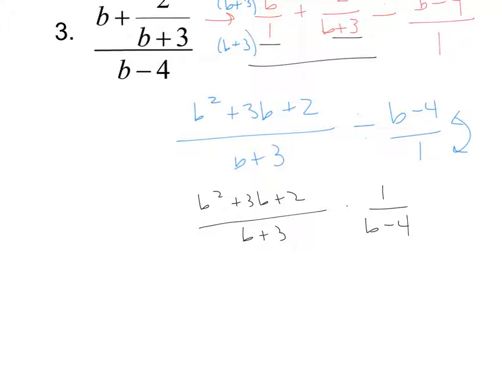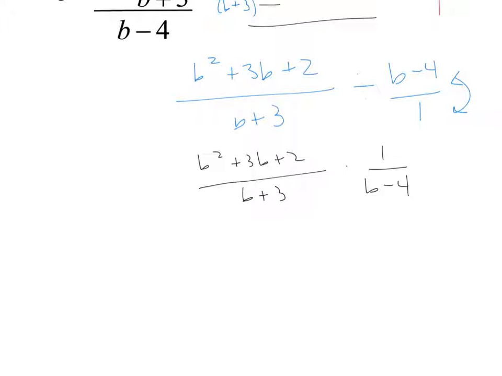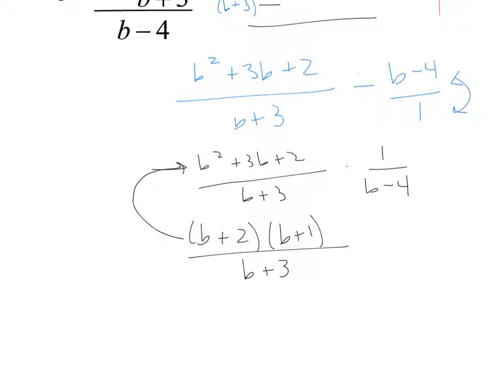And that would be very helpful if I could factor and see if I have any like terms or any of the same factors that cancel out. So if I factor this numerator here, I get b plus 2 times b plus 1 all over b plus 3. And now I can tell that nothing there will cancel out with the b minus 4.